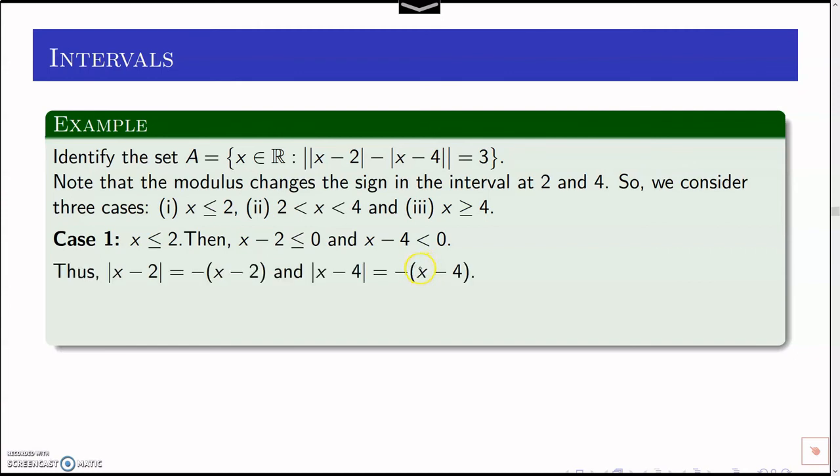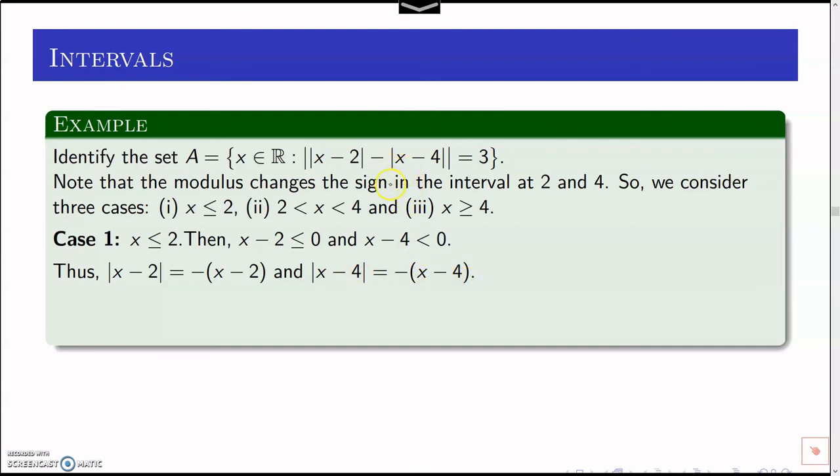So mod x minus 2 will be minus of x minus 2, and mod x minus 4 will be minus of x minus 4.